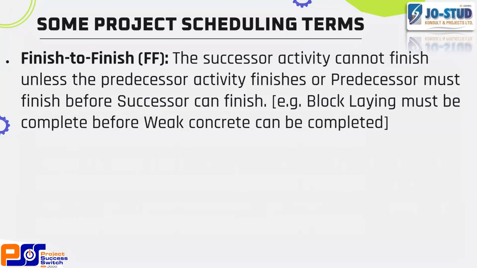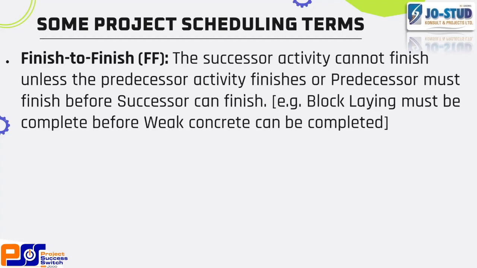I'll give an example of that when we start. For example, the block laying must complete before weak concrete can be completed. If you are laying block and you want to fill it with weak concrete, those of us who are familiar with this kind of process will discover that this is the kind of relationship that is best for these two activities.